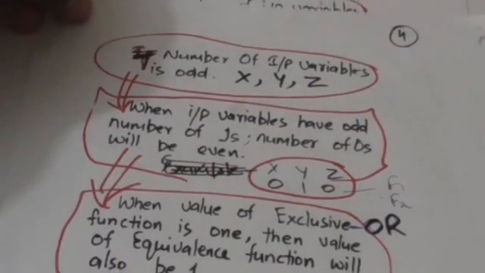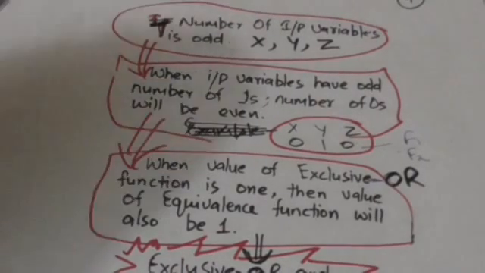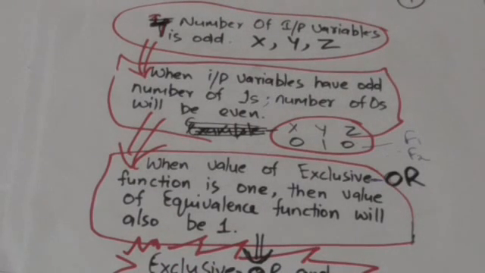So when the value of the XOR function is 1 for some combination of values of an odd number of input variables, then the value of the equivalence function for the same combination will be 1.